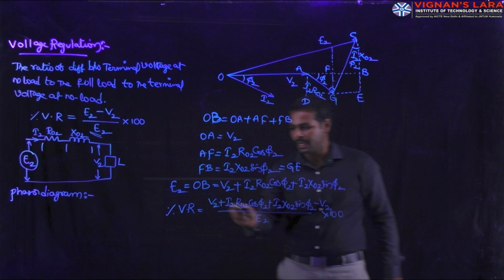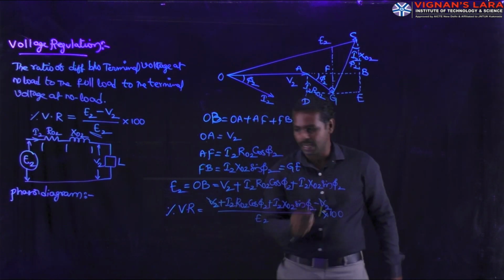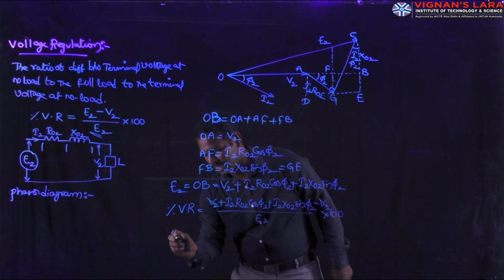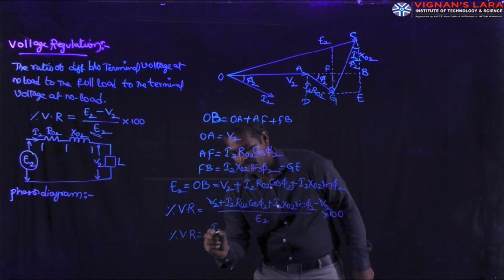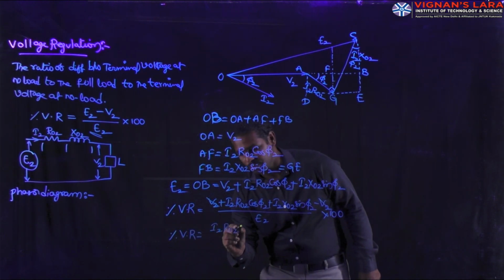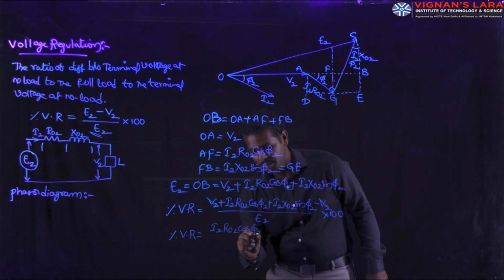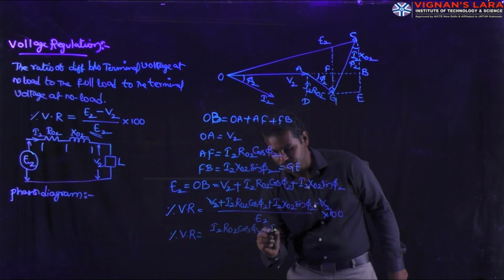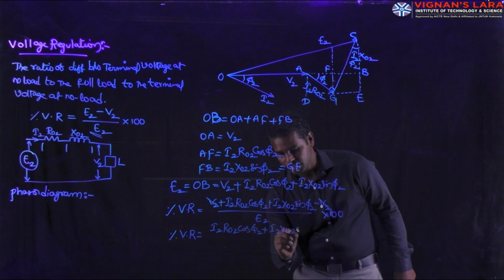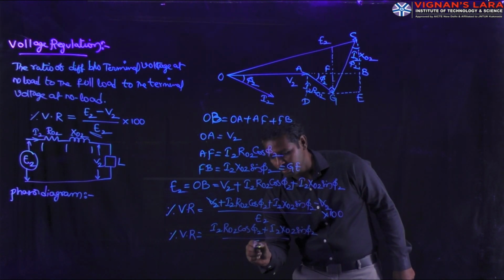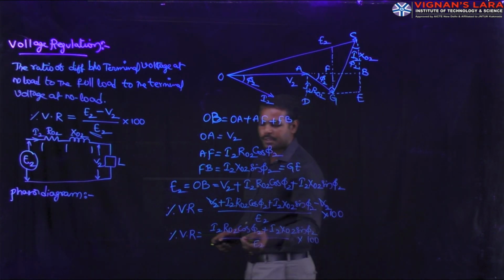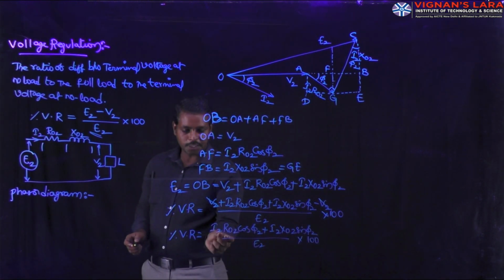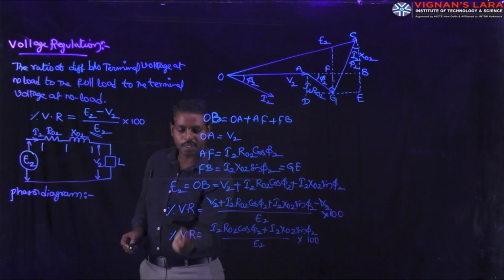V2 gets cancelled. So finally the voltage regulation of a transformer is equal to I2 R02 cos phi 2 plus I2 X02 sin phi 2 divided by E2, into 100. This is the equation for the voltage regulation of a transformer.